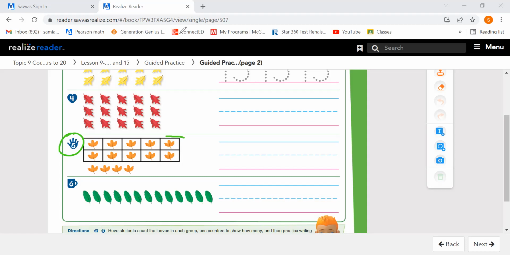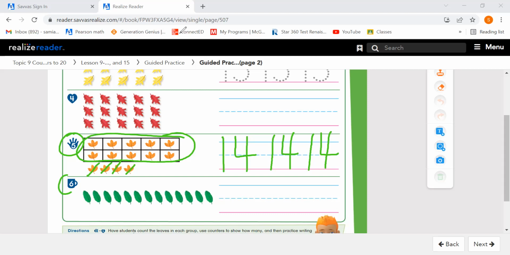So if we have 10 leaves here, we can count on: 10, 11, 12, 13, 14. Let's practice writing 14. We start from the top and go down. Try to write it 3 times.